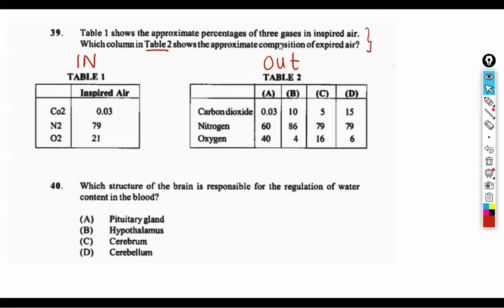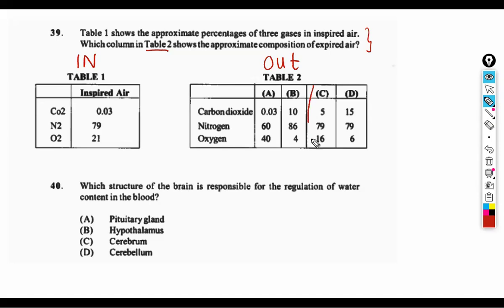Also, when you breathe out, the carbon dioxide content is more because respiration produces carbon dioxide. So when you breathe out, the carbon dioxide content increases. Nitrogen never changes. Your body doesn't use nitrogen in the breathing process for respiration. So the same amount of nitrogen coming in is the same amount of nitrogen coming out.